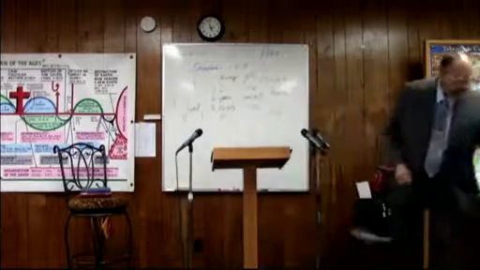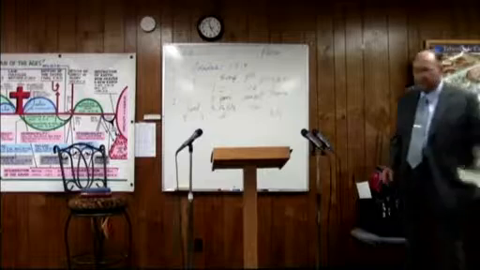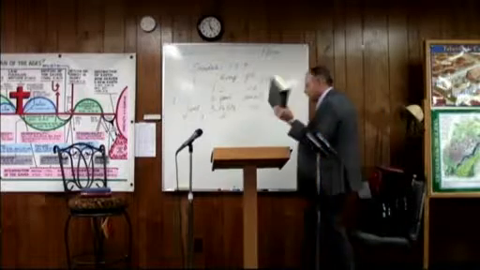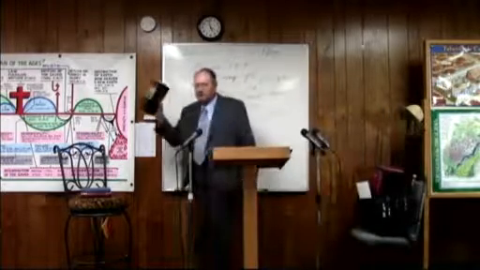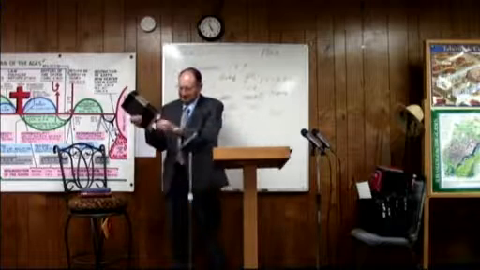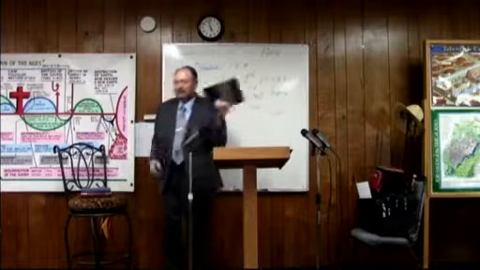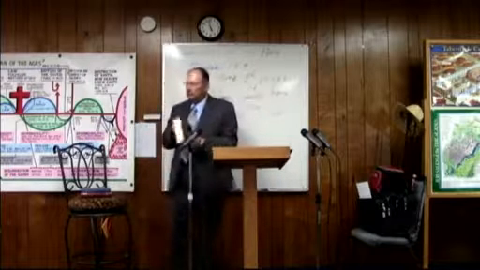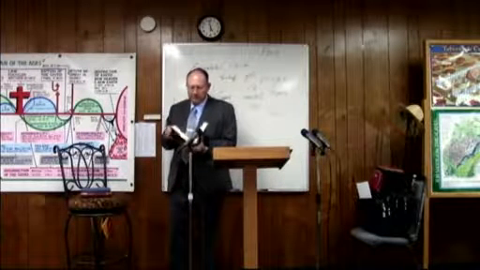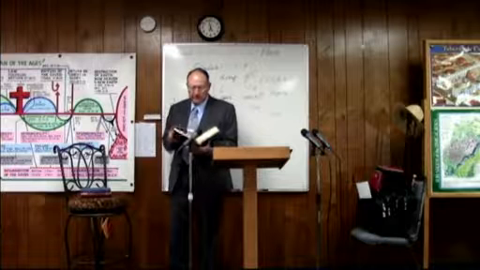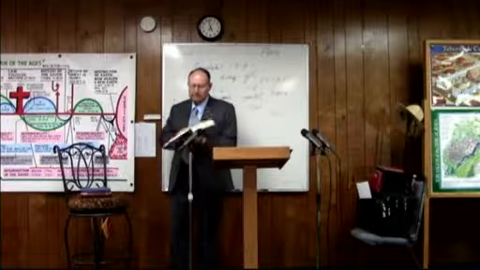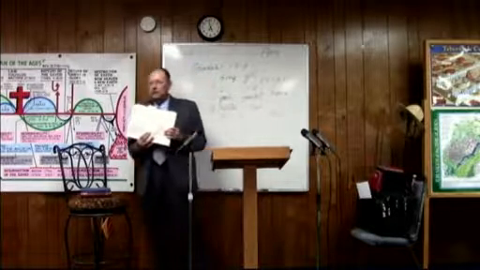Now, I constantly refer to page numbers. And the page numbers basically go to this worn-out book that's falling apart. That's Brown, Driver, and Briggs. I think you can look it up on the internet even. You can go in here and look at the roots.